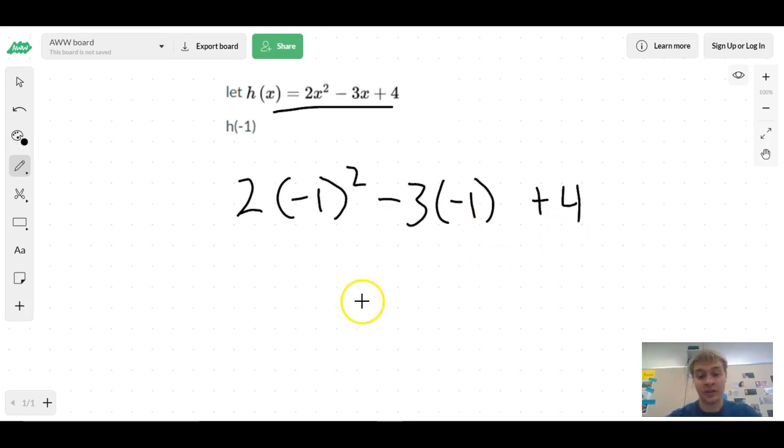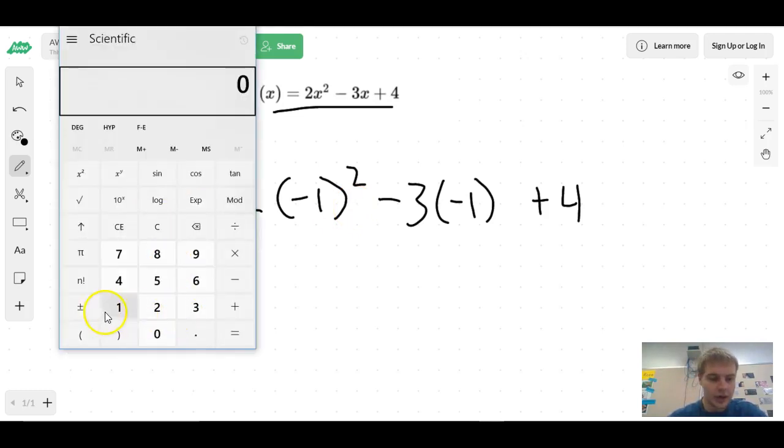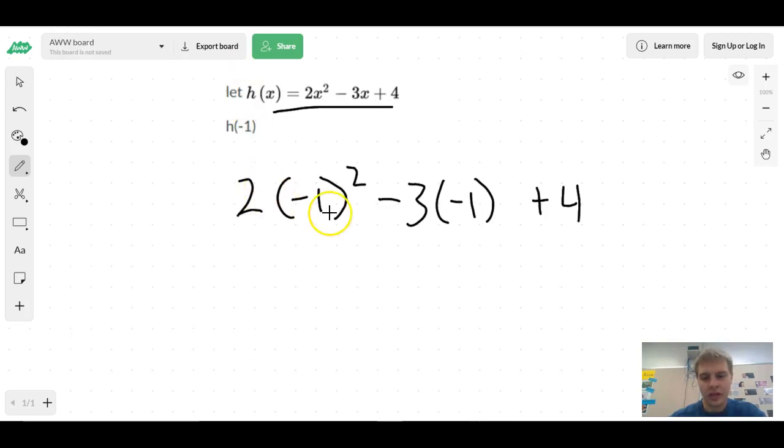I would not put this in on your calculator. Do not do negative 1 squared on your calculator because your calculator may give you the wrong answer. If you look at what happens when we do negative 1 squared, that calculator did it correctly, and it gave us a positive 1. But there will be some calculators that will see this differently.